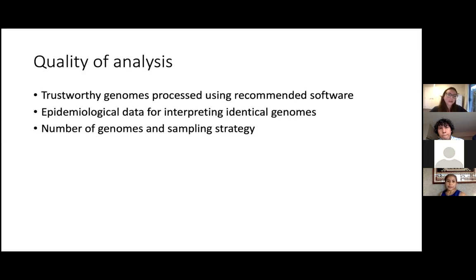And also, of course, the more genomes, the better. And sampling strategy is really helpful as well. So I think there have been a variety of sampling strategies. Some have been really focused, like there's an outbreak, we want to understand what happens, so we tried to sequence everyone involved in it, versus a sort of population study where you try to balance your sampling across everybody who you're interested in.